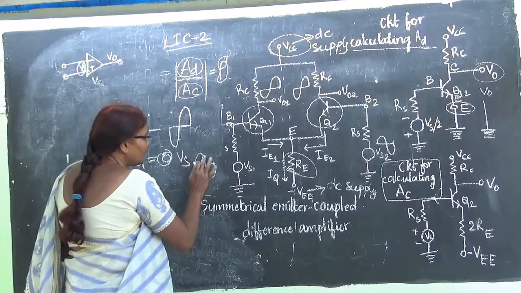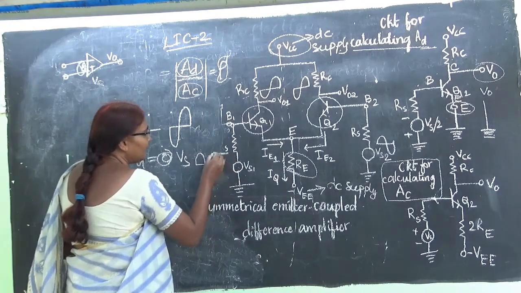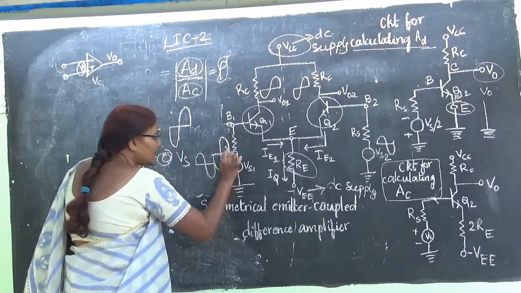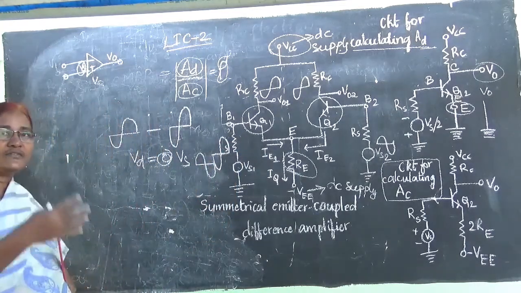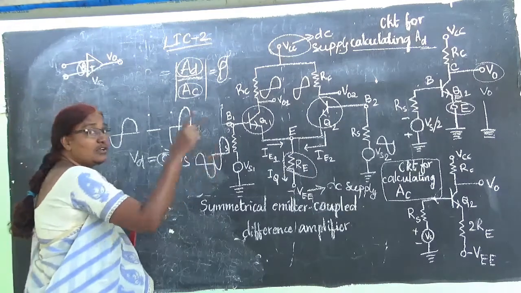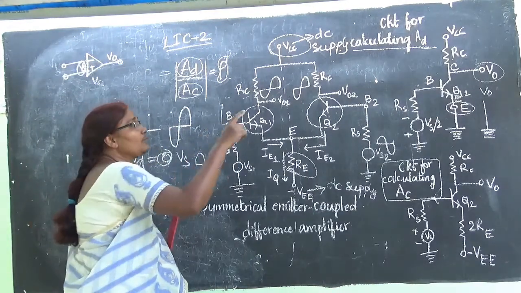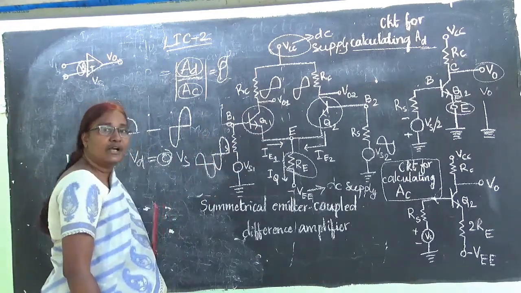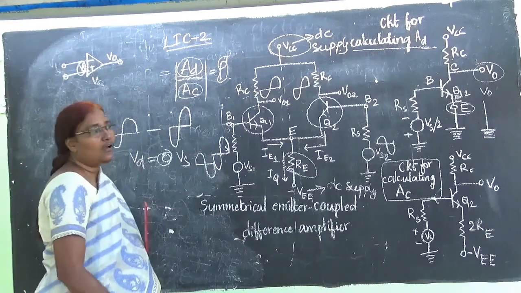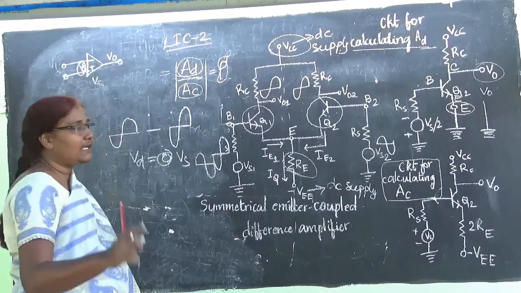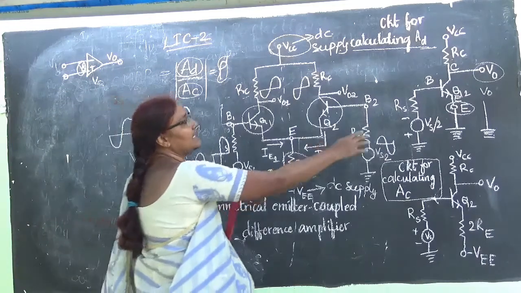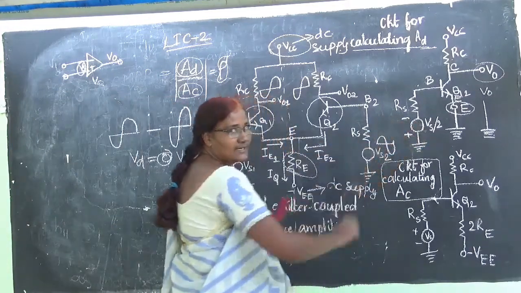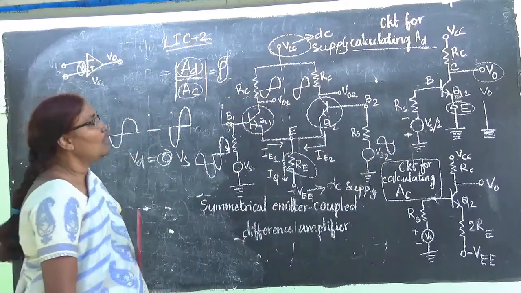So instead of getting this, I will give this signal, inverted signal or phase shifted signal, as input to one of the inputs of your difference amplifier. Not for both. రెండింటికి కాదు, ఒక దానికి ఇస్తాం. So what I have taken here?